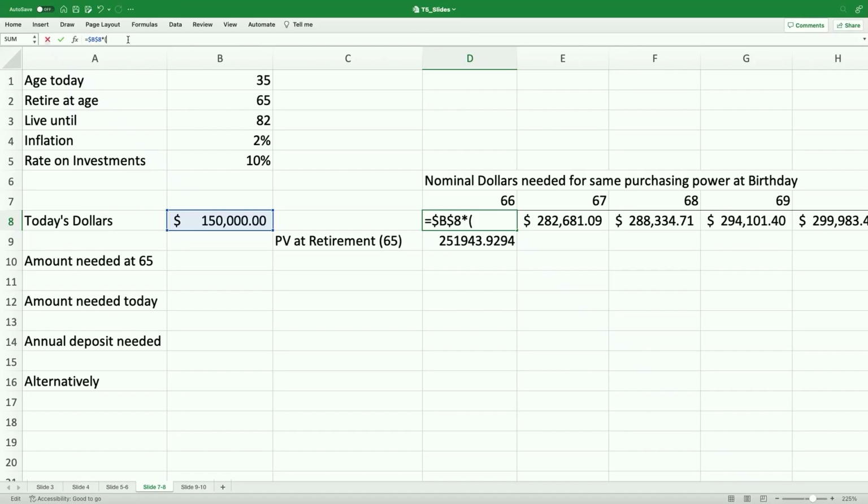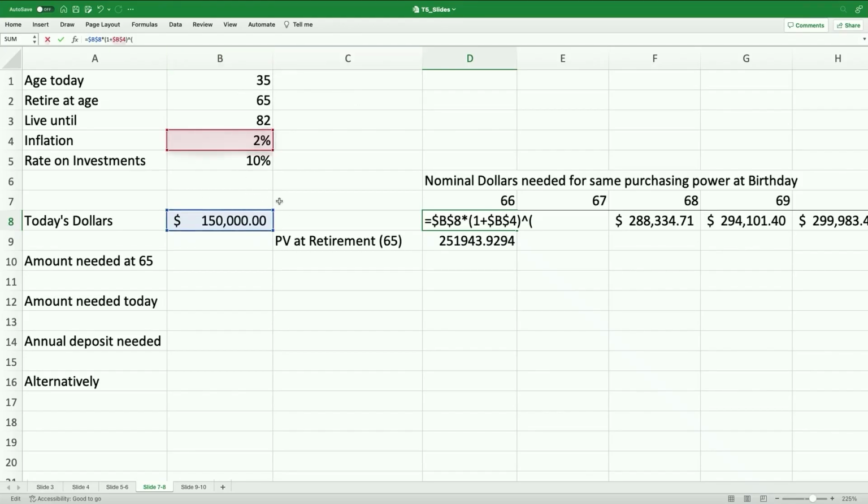Well, we'd start with the $150,000 and then multiply it by 1 plus this rate of inflation, which again I don't want to move, so I'm going to interlace it with dollar signs as well. I need to grow that 150,000 by how many years? The difference between year 66 and year 35, that's today.